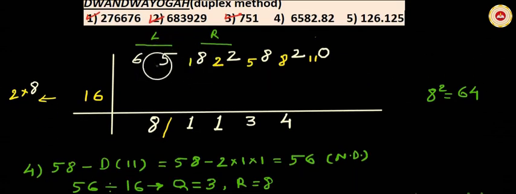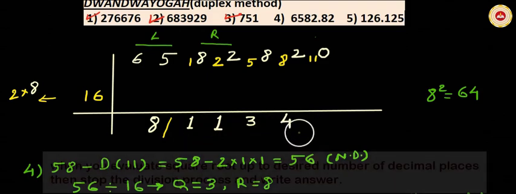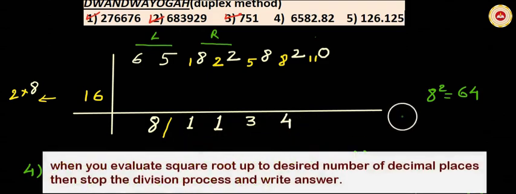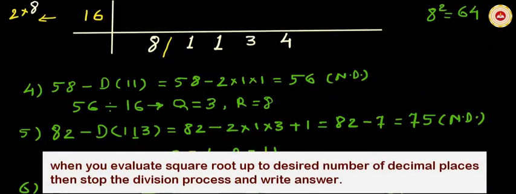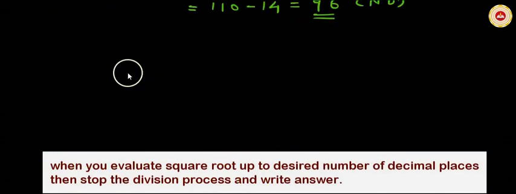That means we are going to have two digits in the integer part of the answer, that is the square root, 8 and 1, two digits. So these 3 digits after this 81, 1, 3 and 4, will be decimal places. So already we have reached up to 3 decimal places. So let us stop our division process here and write the answer.